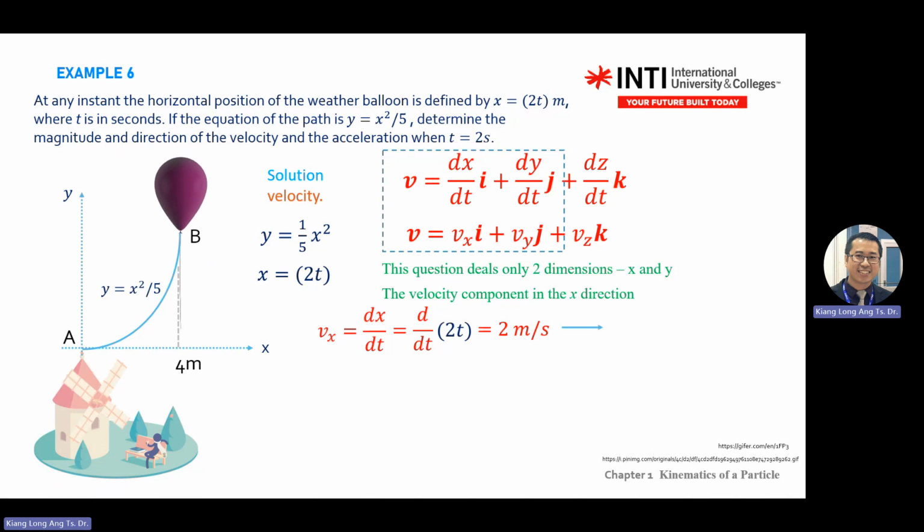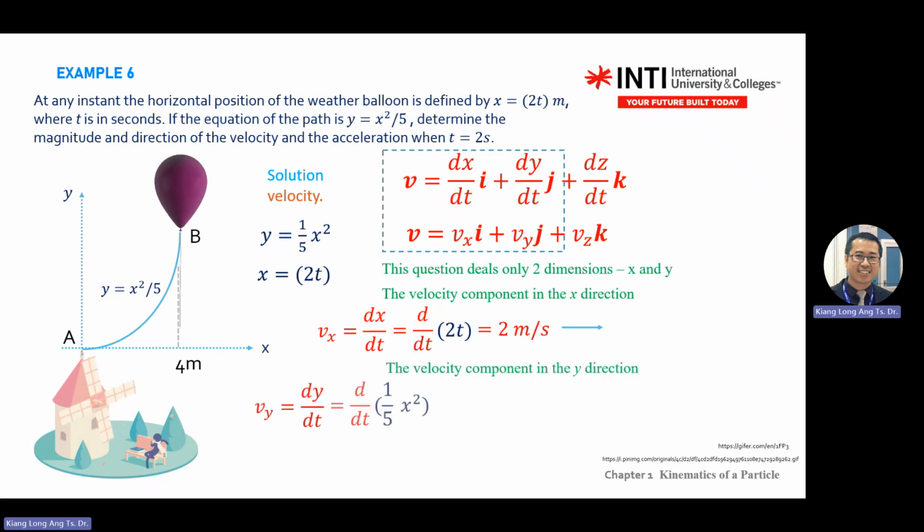Have the habit, always, when you solve a dynamics question, at the end show what the direction is. Or you write positive to the, you just write positive, then arrow pointing to the right, either also can.